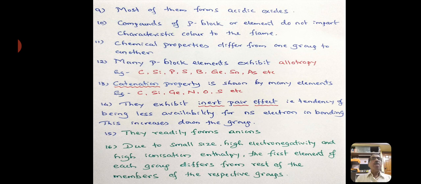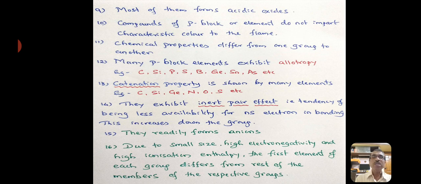Compounds of p block elements do not impart characteristic color to the flame. You know, the s block elements like lithium, sodium, potassium, rubidium and cesium exhibit characteristic colors to the flame.